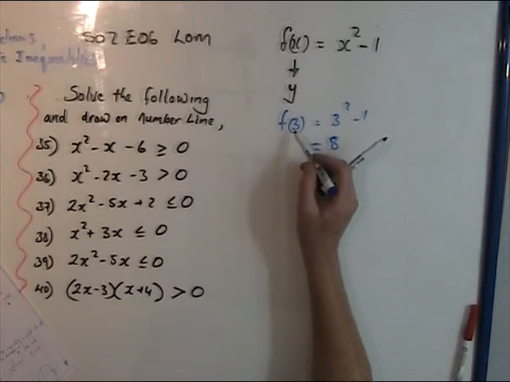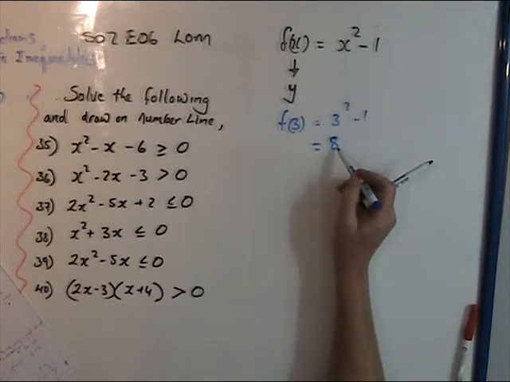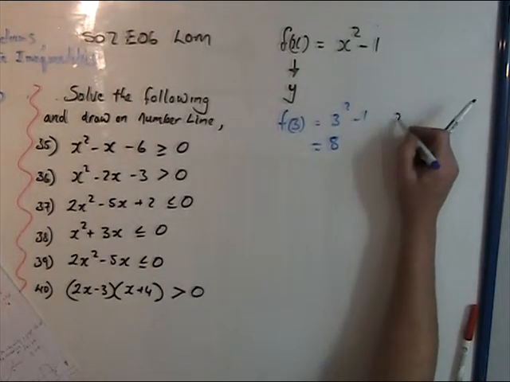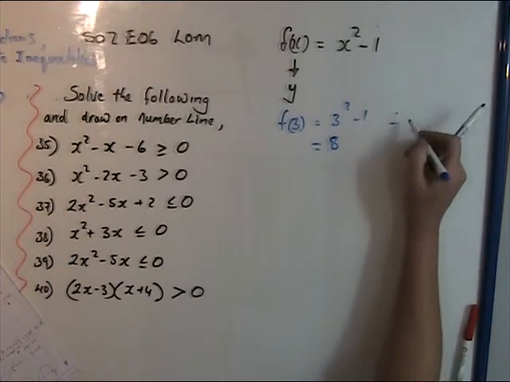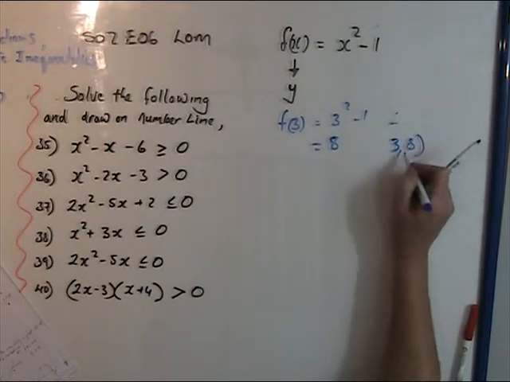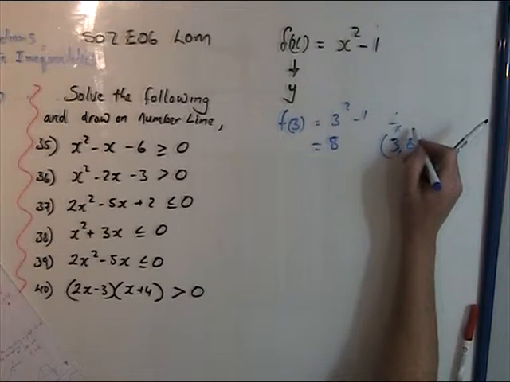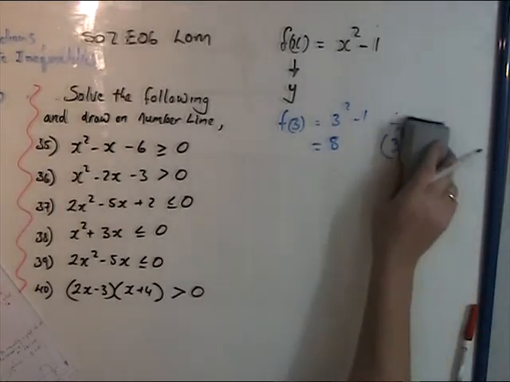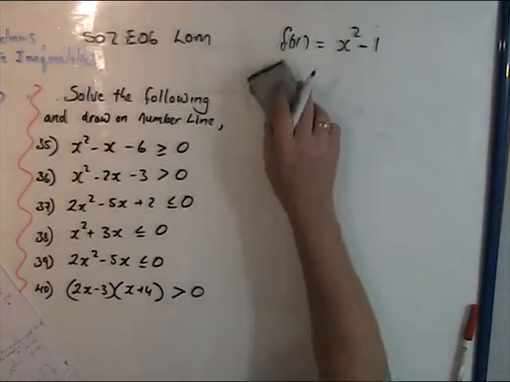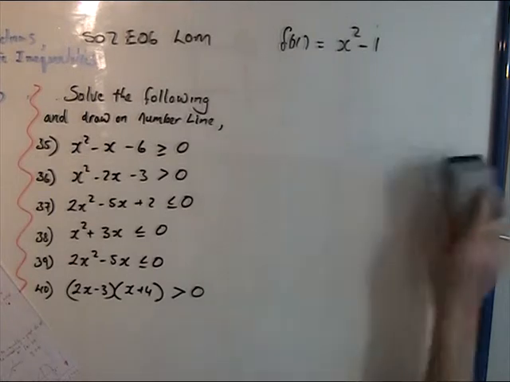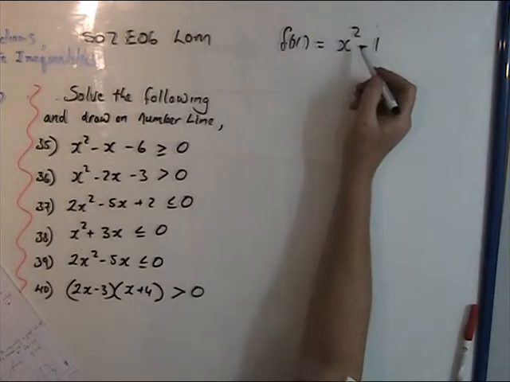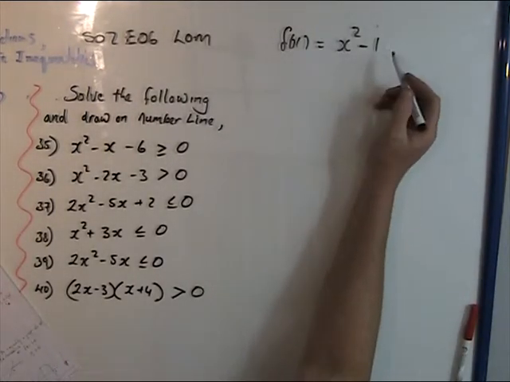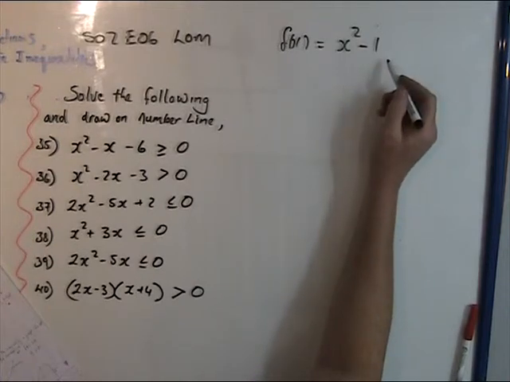When x is equal to 3, y is equal to 8, so that's the combination 3, 8, x and y. What I'm doing here is building up your understanding of how functions work. If I find solutions of this, I know my solutions are x is equal to 1 or minus 1.